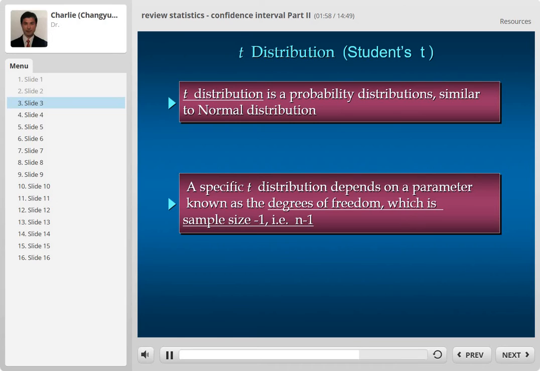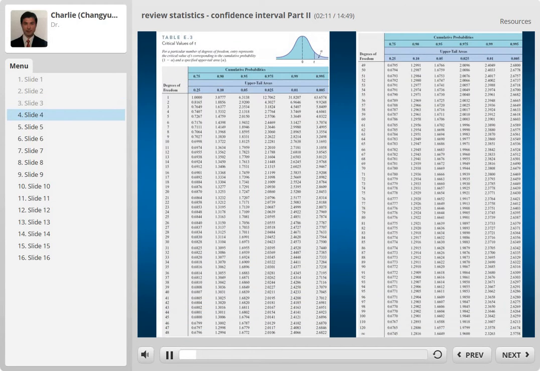Be careful, later on we're going to talk about degree of freedom, which equals n minus 1. When I show you how to use the table, it will become clear. There is a t distribution table. Let's move on to use it.